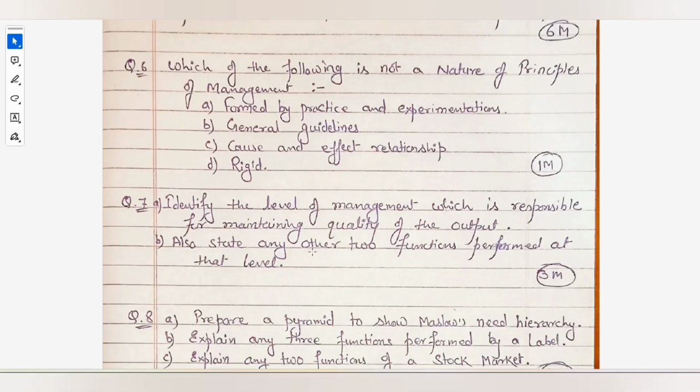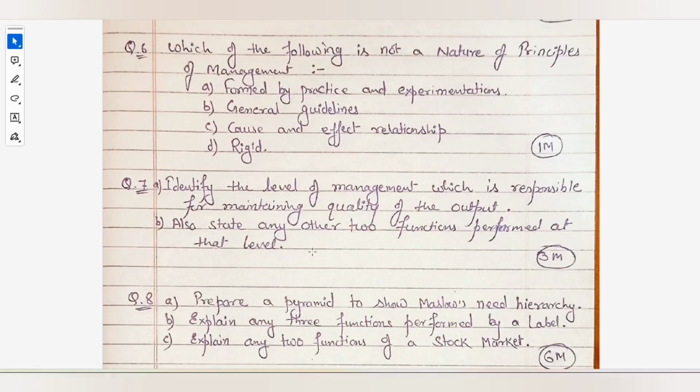Now this is the time for business studies. 10 marks for business studies. So the first question, what is the first question? Which of the following is not a nature of principles of management? So we have to be very clear about what is actually asked. They are asking what is not a feature, that is, nature of principles of management.